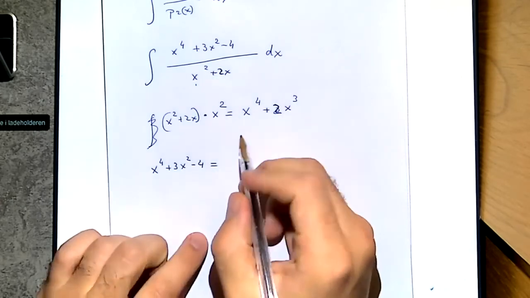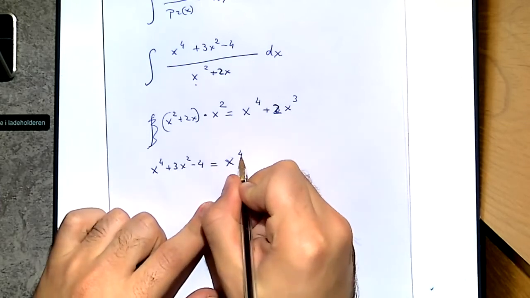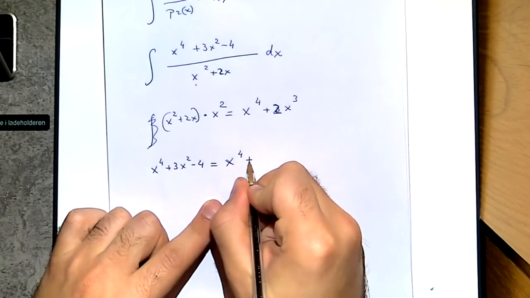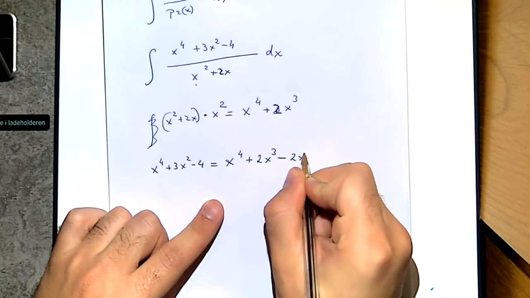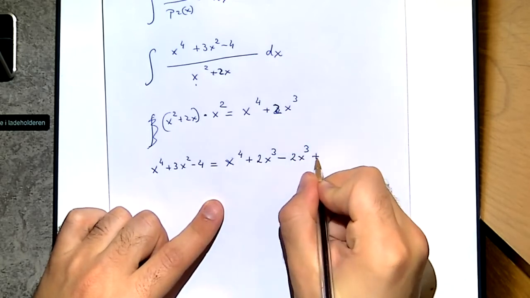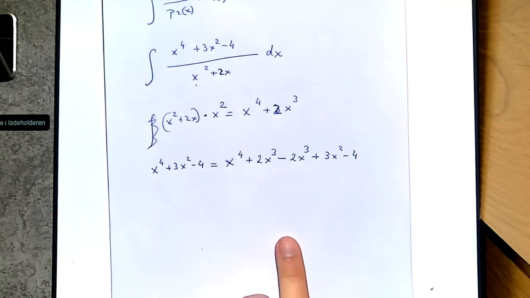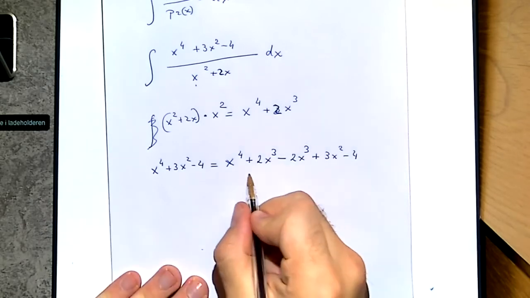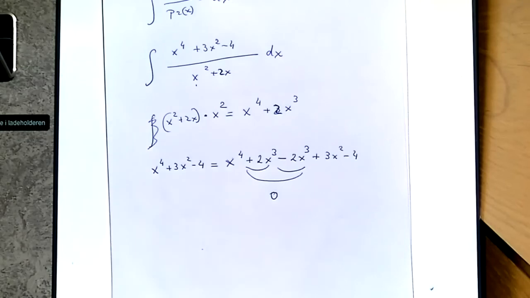In this case, do you agree with this way of writing? x to the fourth plus 2x to the third minus 2x to the third plus, and I copy, 3x squared minus 4. What changed here? I just added this and subtracted this, so this is 0. Do you agree with what I just did? I just added this thing and then I got rid of it.